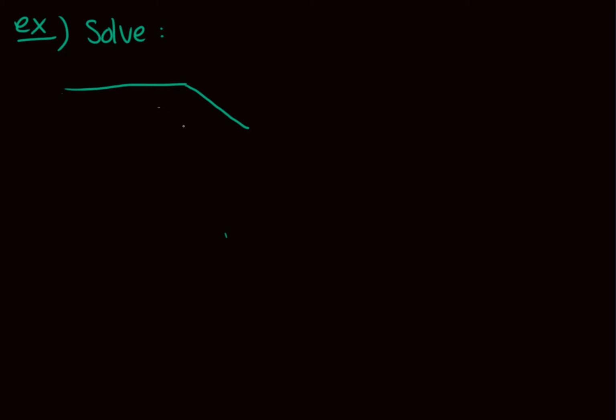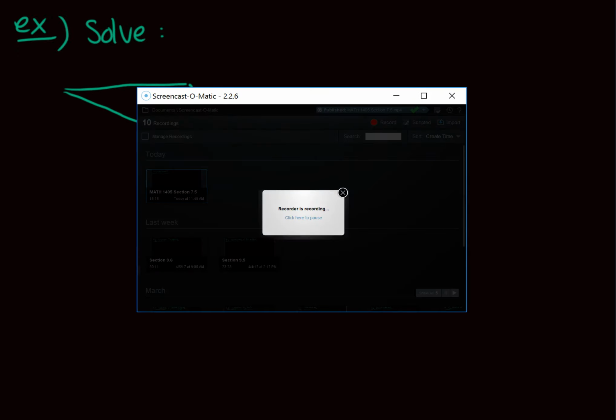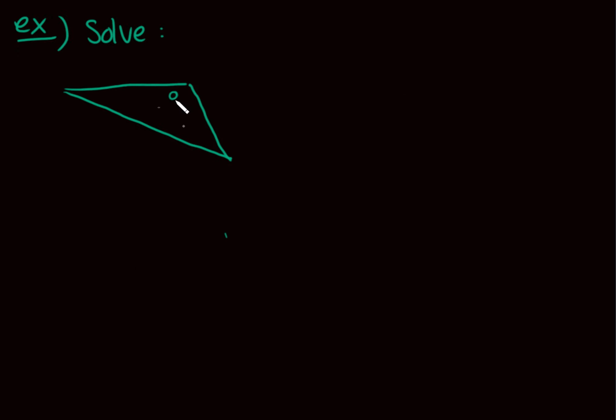So this is almost 90, but not quite. Okay, and what do I know? I know that this, let's say, is 89 degrees. So angle side angle, I'm going to say that this is maybe 81 degrees. And then I know the side in between them, which let's say is 120, whatever we're dealing with, okay? And again, this is an angle side angle because I have two angles and a side in between.